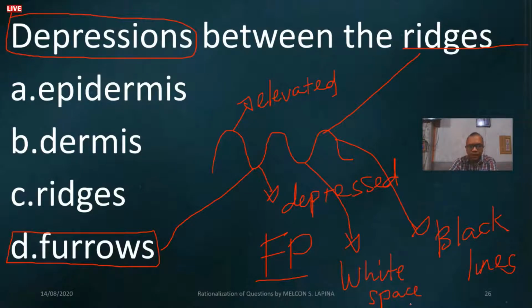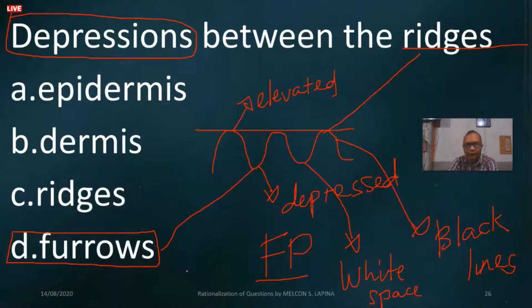Bakit white space siya? Because if this finger is impressed into the surface, ang umabot ay nandito lang, sa ridges. Hindi makaabot ang depressed portions or yung tinatawag na furrows.